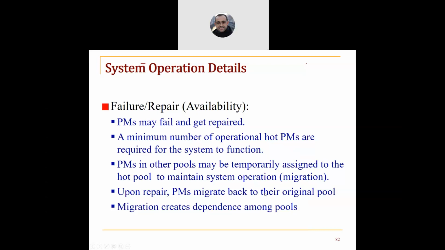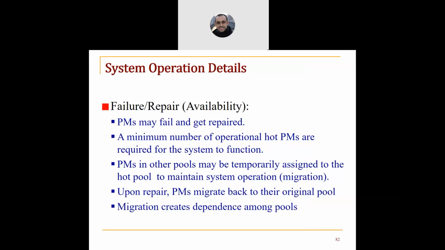So we had done a performance model, an availability model, a power model, and also an optimization model. What I'm describing here is only the availability model. So physical machines can fail and can get repaired, and the system will be up as long as a minimum number of operational hot physical machines are up and running.